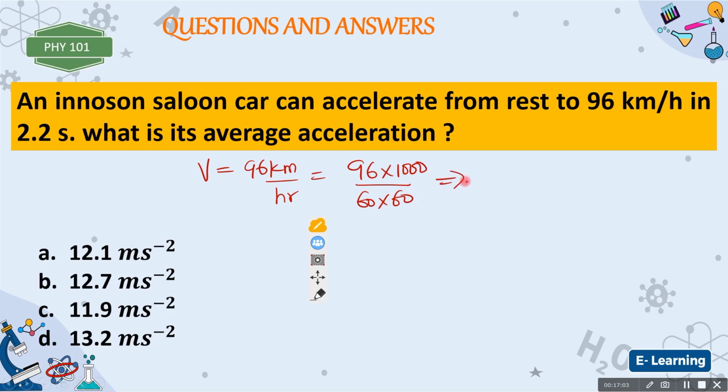That is how to convert from kilometer per hour to meter per second, which gives us 26.67 meter per second.